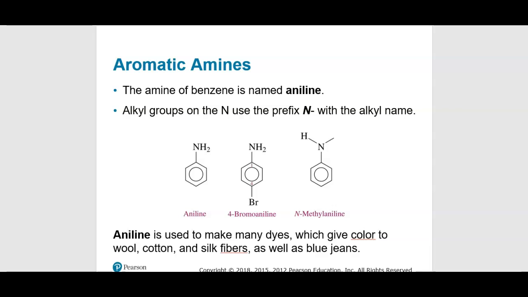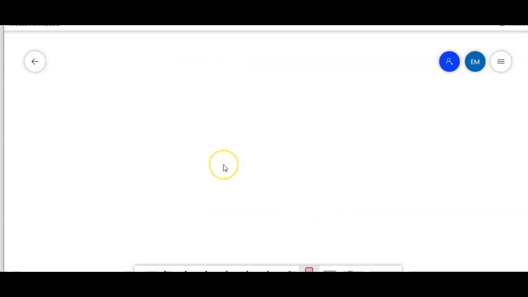And then you have another thing here. Here's a new wrinkle. You take the basic aniline structure, and you have a nitrogen there, and you have a hydrogen, but now you have a methyl group here.